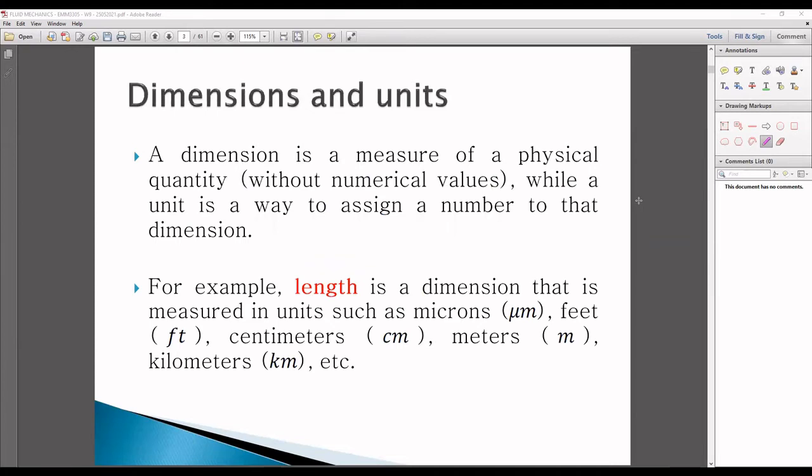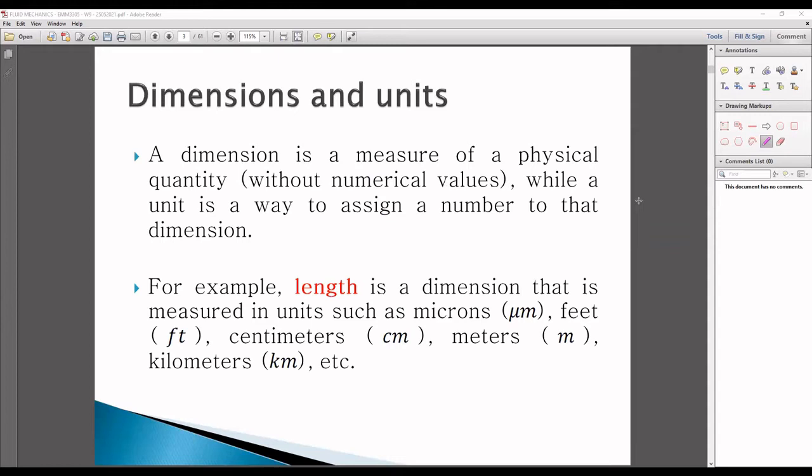Okay, for the dimension and unit, dimension is a measure of a physical quantity without numerical values, of course, while a unit is a way to assign a number to that dimension. There are two different items being discussed here.